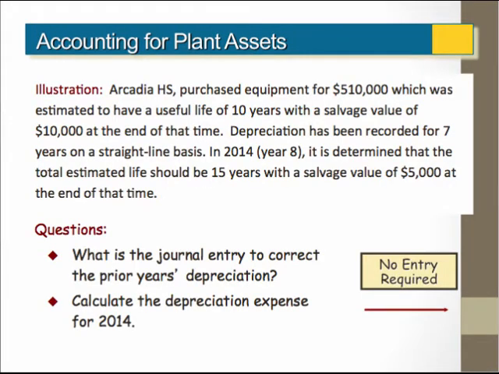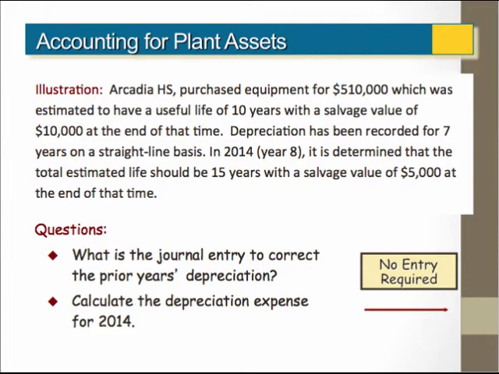So let's look at this example. Arcadia High School purchases equipment for $510,000, which has an estimated useful life of 10 years with a salvage value of $10,000 at the end of its life. Depreciation has been recorded for 7 years on a straight line basis.